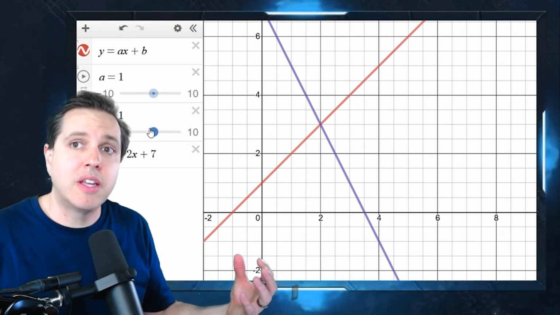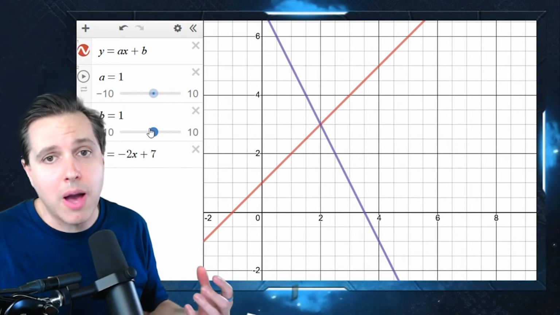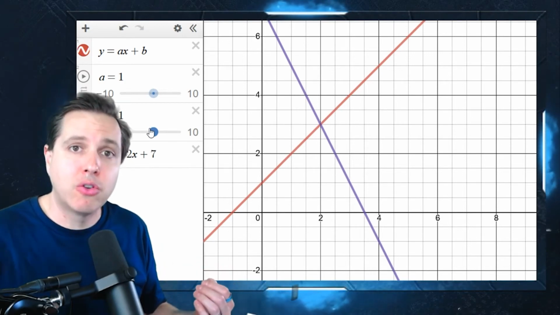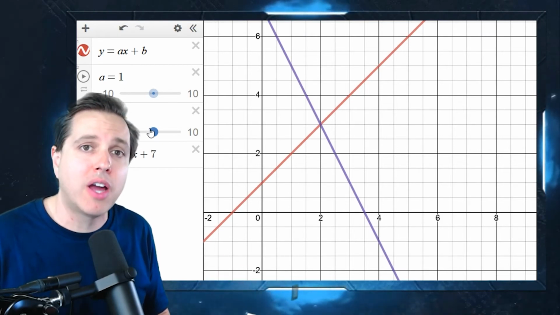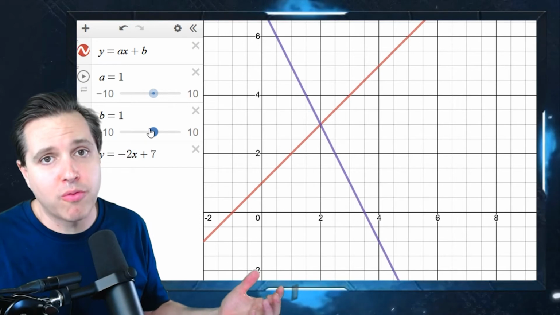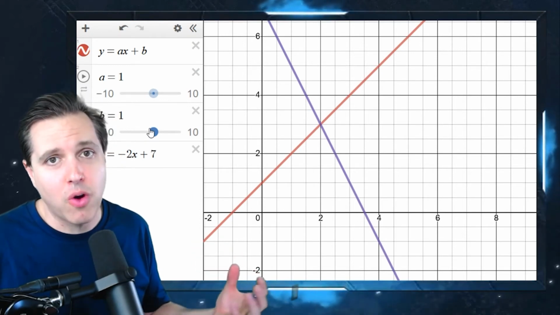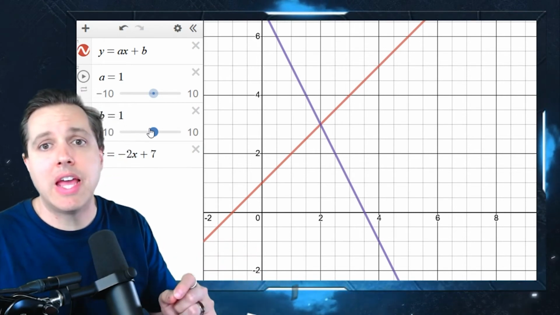If I'm supplying less of something, then the price is going to go up. It works the other way around as well: as demand goes up and down, the price changes. If demand is very high for a product, I can charge more for it. If demand is very low, I can't charge as much for it.